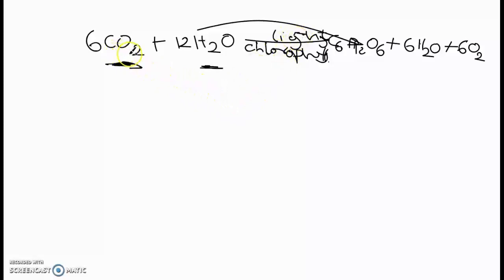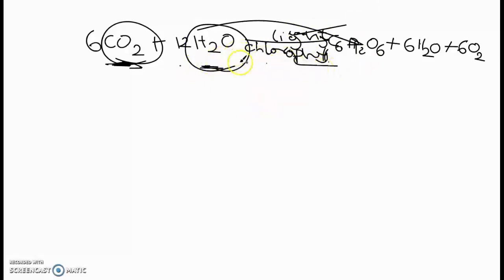So what are the reactants, what are the requirements of photosynthesis, from here we can understand. For photosynthesis you must have carbon dioxide, water, sunlight and chlorophyll. These are the highly essential factors for photosynthesis to take place.